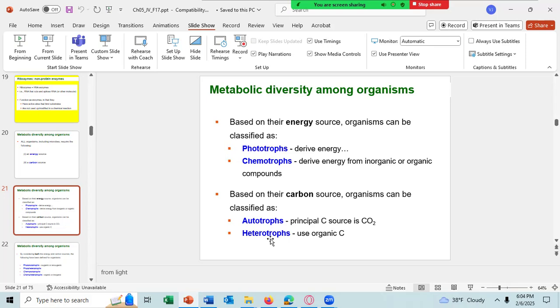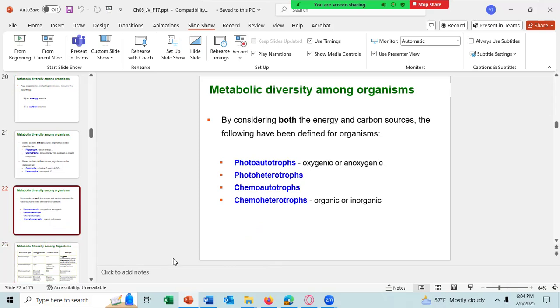So if ever you get confused, just take it back to this level and then figure out your answer. Any question about any of that? All right, so when we're talking about metabolic diversity among organisms, you can classify organisms into one of four categories: a photoautotroph, a photoheterotroph, a chemoautotroph, and a chemoheterotroph.